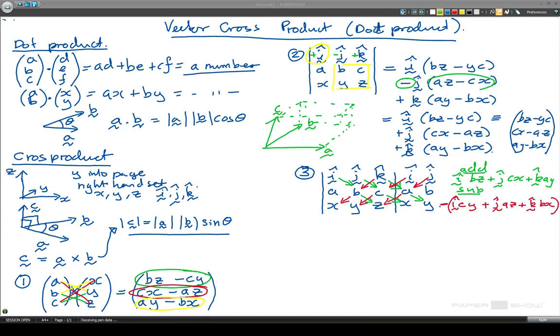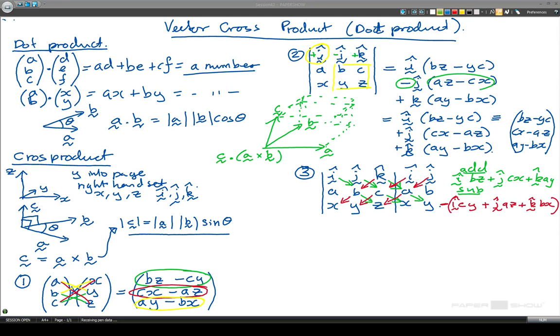I'm not sure what you call a parallelogram in 3 dimensions, but if you wanted to find the volume of this object, then the volume is given by the vector c dot product with the vector a cross b.